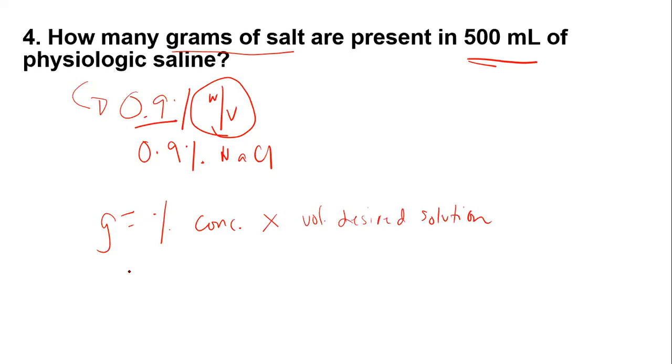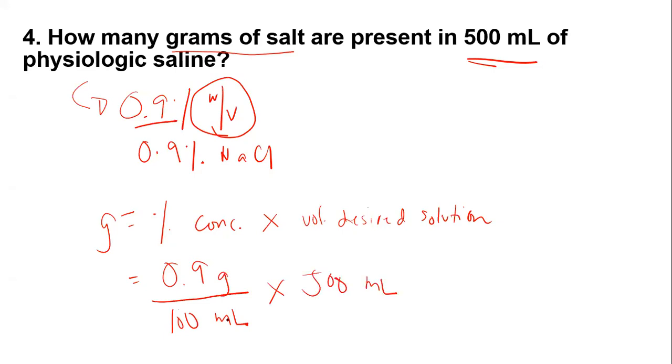Okay, so you just substitute the values. What is the percent concentration here? It's 0.9%. And again, the same as in your video lecture: when we are already solving a problem, you express percent concentration as grams per 100 mL so that you can easily cancel the units later. So this is now 0.9 grams over 100 mL, times, what is the volume of the desired solution? 500 mL.